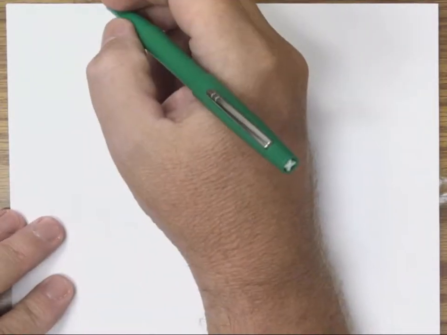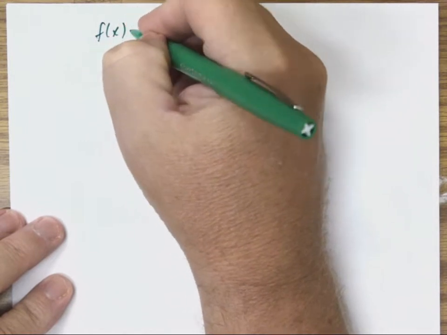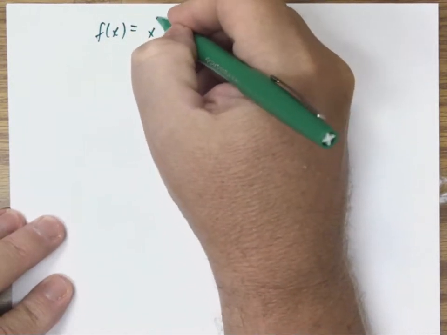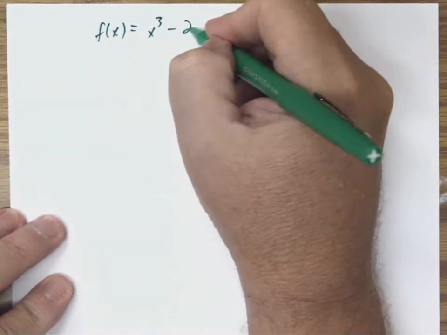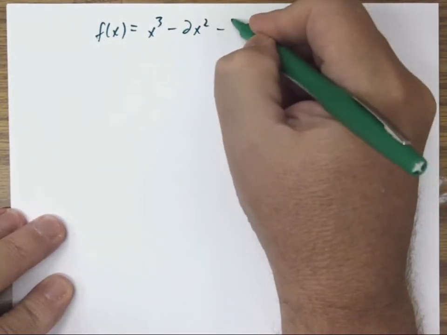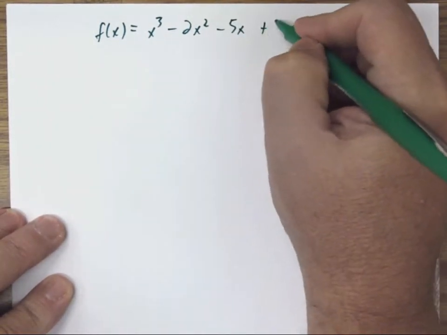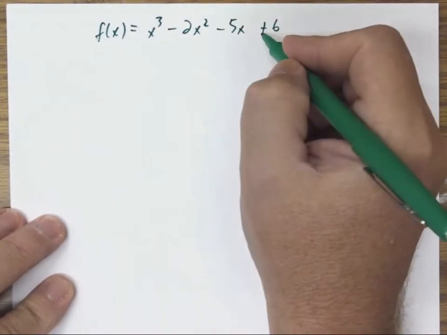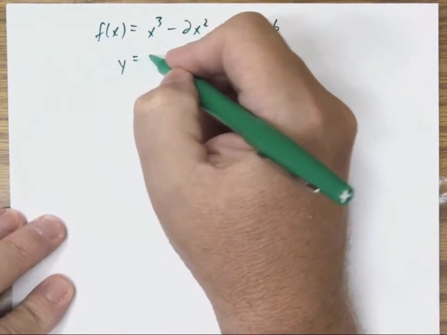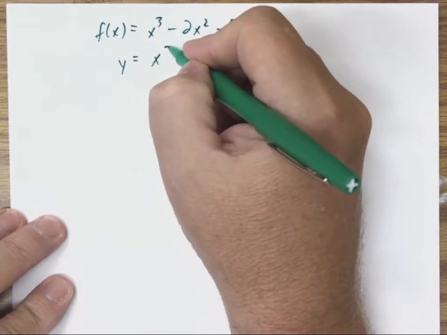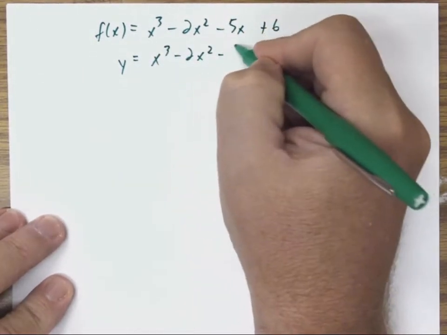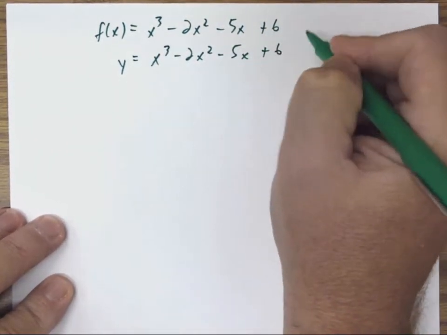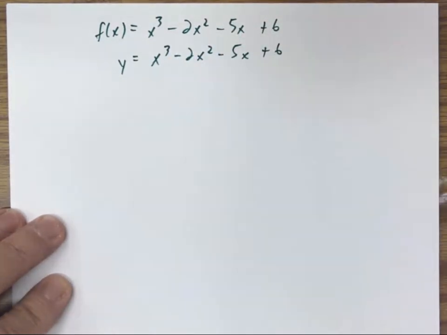So that first problem: x cubed minus 2x squared minus 5x plus 6. First thing I'm going to do, because it helps a lot of students, f of x and y are always interchangeable. So I'll write it like this.